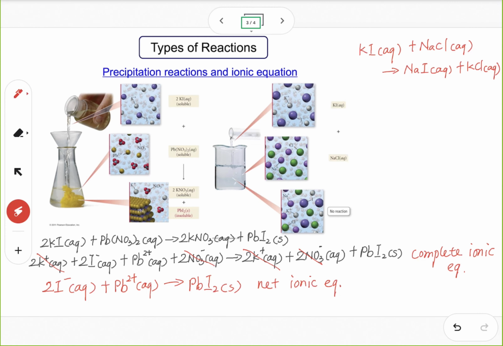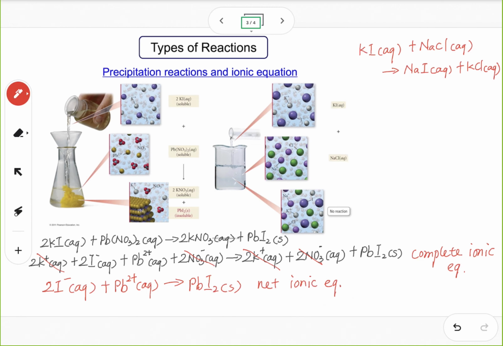Well, it looks like this is going to be the case for this reaction, right? But why do we say it's no reaction? Well, let's write the complete ionic equation and the net ionic equation, and then it will tell you.